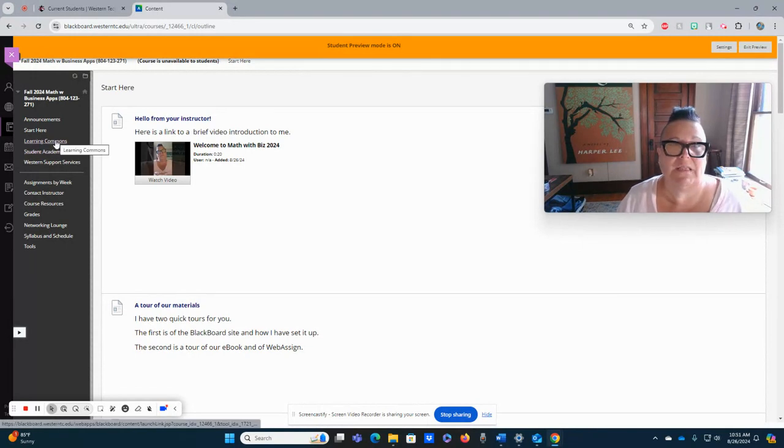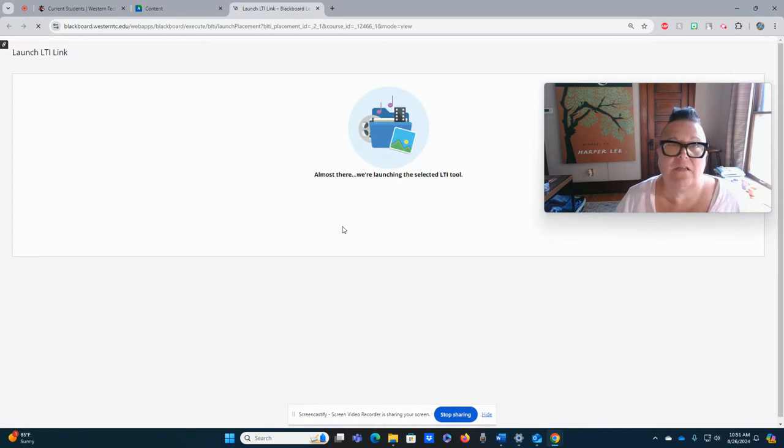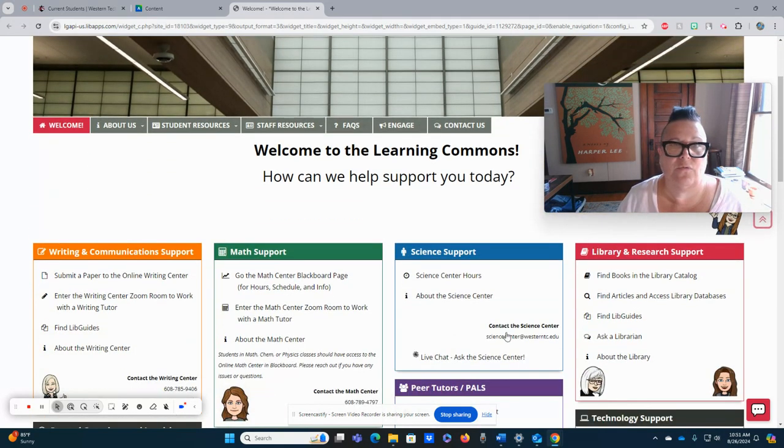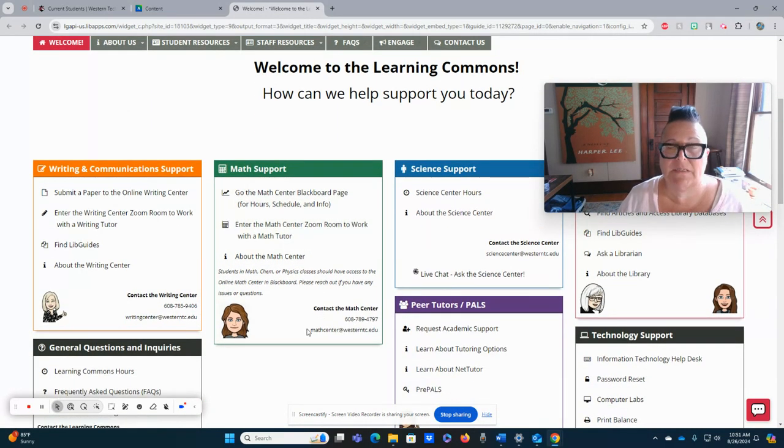The third link on the far left side is a link to our Learning Commons. The Learning Commons is our help area. They will support you either in person or online. There are numbers for support for all courses, but the one we're concerned with here is the math support.